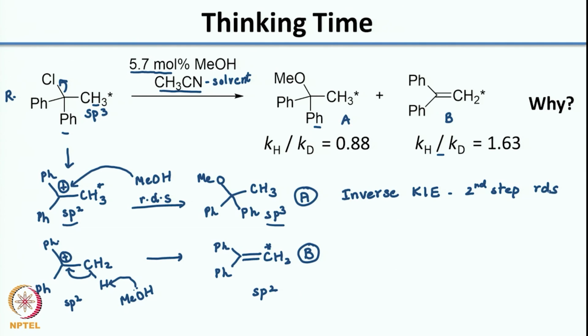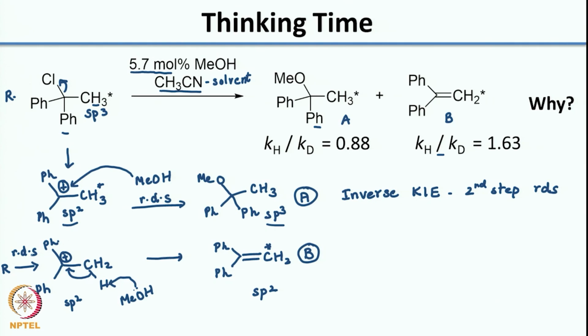Now let us look at formation of product B. The first step you have R giving you the carbocation, R is the reactant. Once the carbocation is formed, it appears that the elimination occurs quickly. Now in the elimination you do not see much of a change in hybridization. So in this case the first step is the rate determining step.